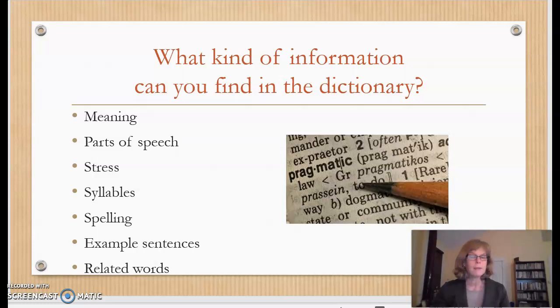Maybe to look up the meaning of a word. Maybe to look up the part of speech. Maybe you're looking for the stress, the syllables, the pronunciation of a word. I often use a dictionary for spelling and example sentences. You may not know this, but many dictionaries give you example sentences with the words and related words. This is more information you can find in most dictionaries.